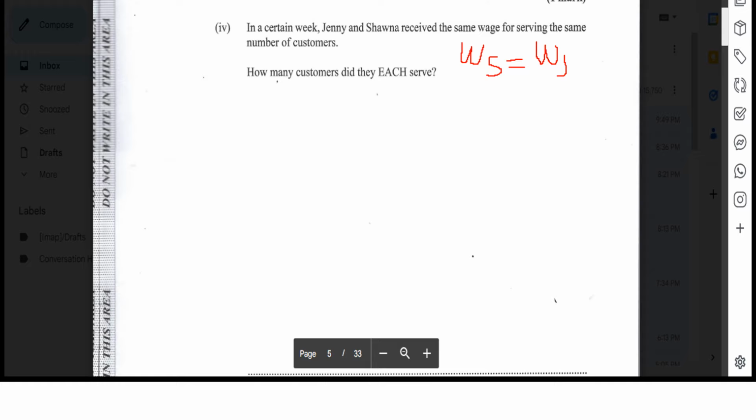So for WS, we'll write this side 270 plus 1.5X, because X is the unknown.